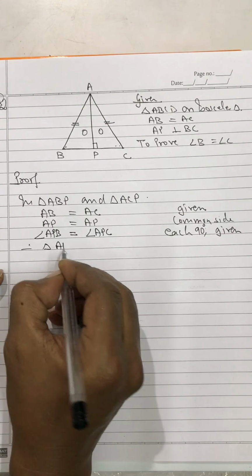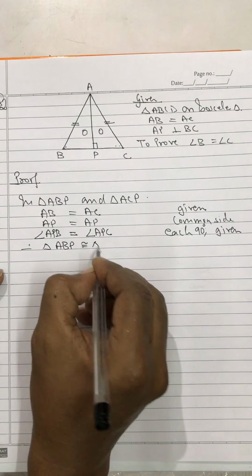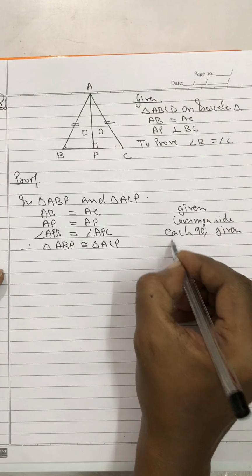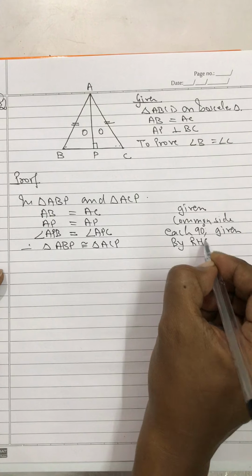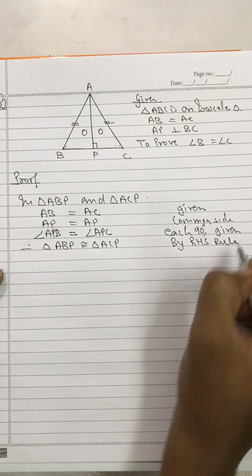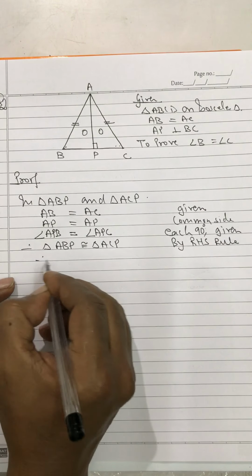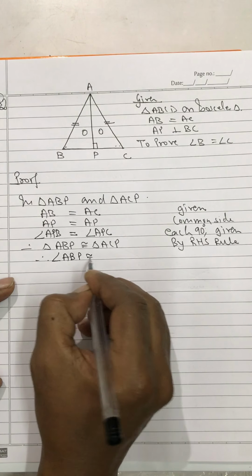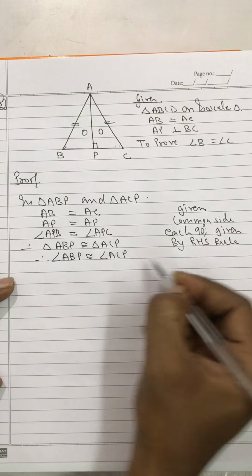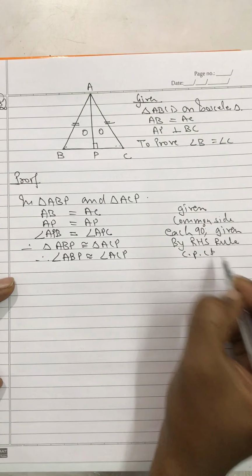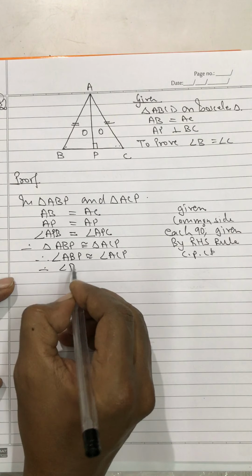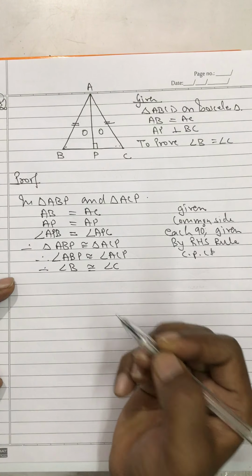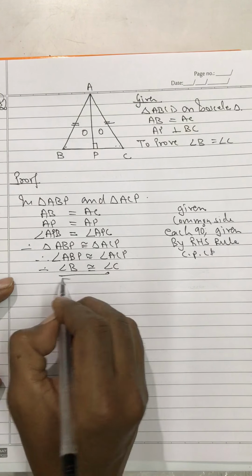Therefore triangle ABP is congruent to triangle ACP by RHS rule. Therefore angle ABP is congruent to angle ACP by CPCT. Therefore angle B is congruent to angle C. That's all.